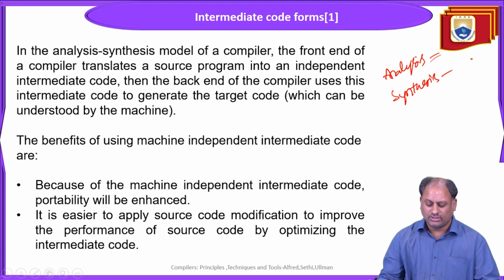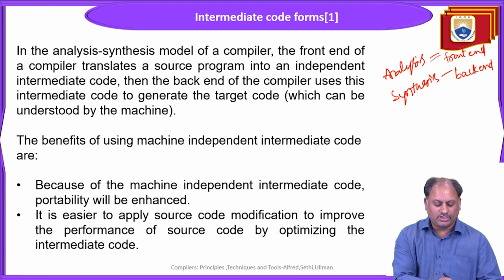So here we can say that the analysis part is called the front end of the compilation process, and the synthesis part we can consider as the back end of the compiler. Why? Because the front end of a compiler translates the source program, that is the given program, into an intermediate code.